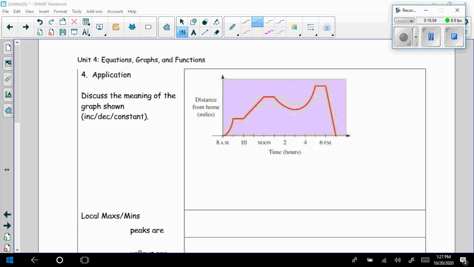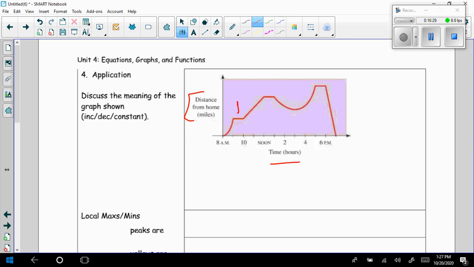Okay, so as far as applications go, this one you would just do kind of the same thing, describe what this means in terms of what's going on here. So we have time in hours and distance from home. This is something you might see on a standardized test of some sort. So as the time goes on, how far away from home are you getting?